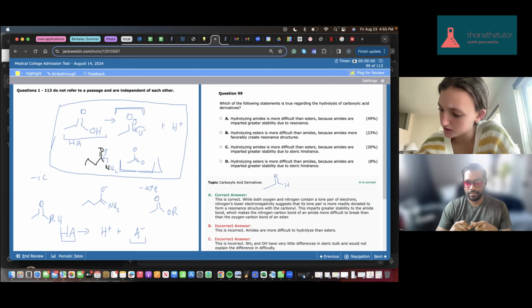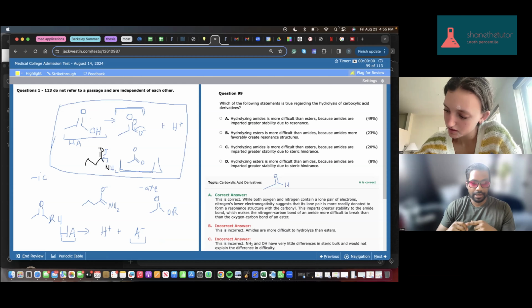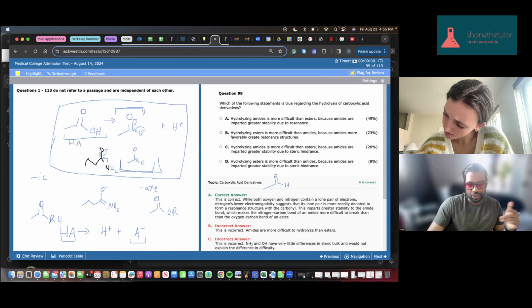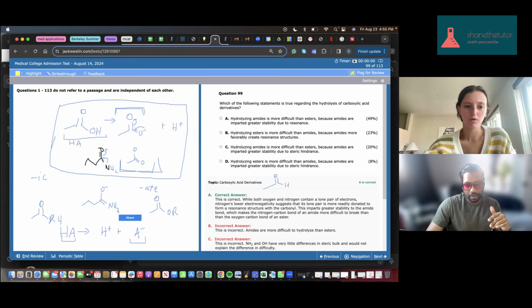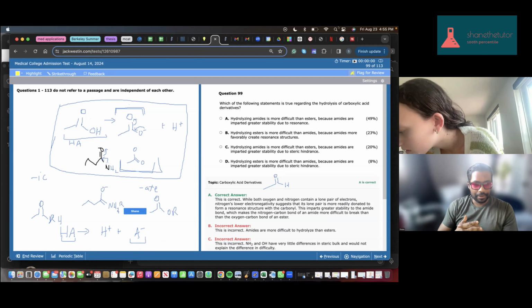What am I missing? And then if it's NH2 attached to the carbon, is that amine? No, so amide. And it doesn't have to be NH2, it could be like NHR.